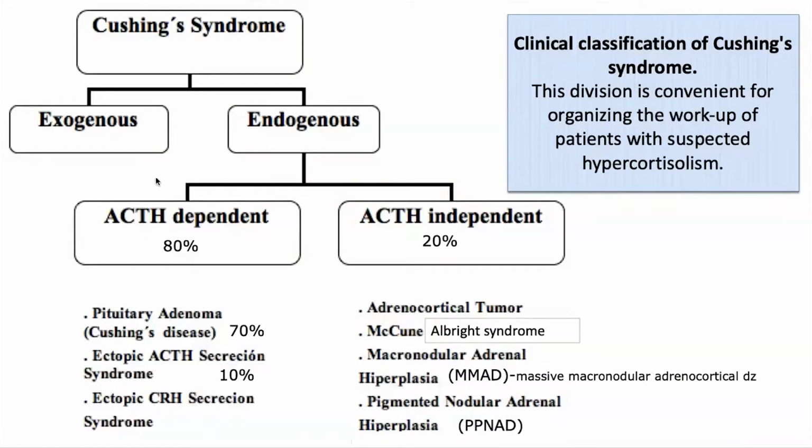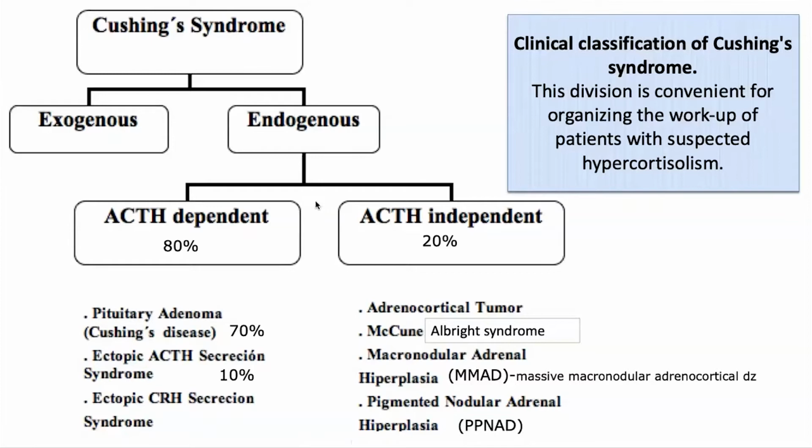It must be endogenous. So if endogenous, we need to differentiate whether this Cushing is ACTH dependent or ACTH independent, meaning that we need to know the ACTH level, whether high or low.